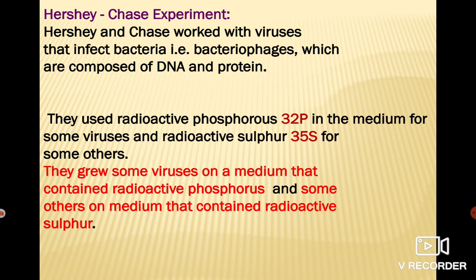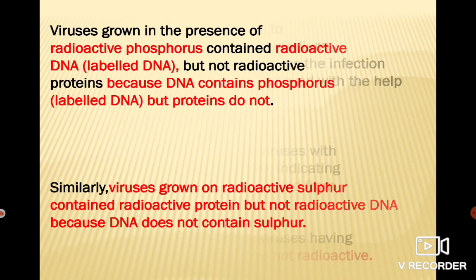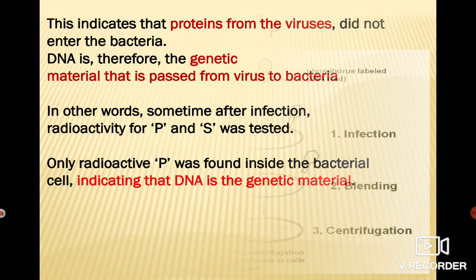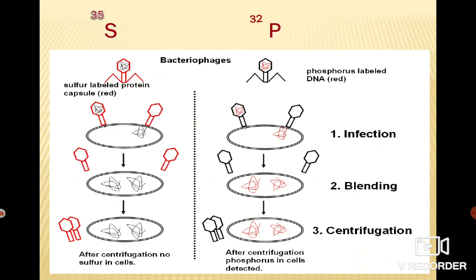They grew some viruses on a medium that contained radioactive phosphorus and some on a medium that contained radioactive sulfur. See here, this is the virus or bacteriophage which contains radioactive sulfur. Red color, that is radioactive.